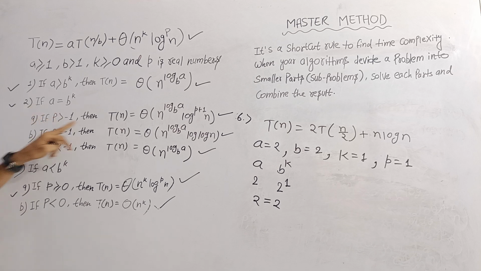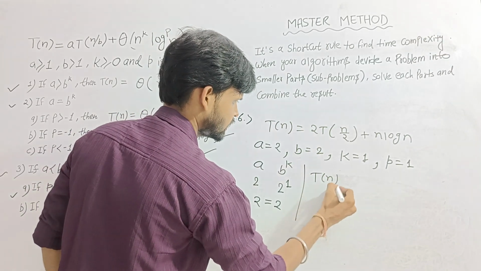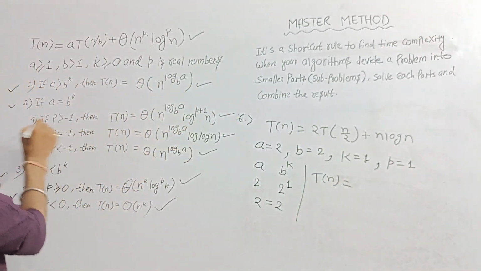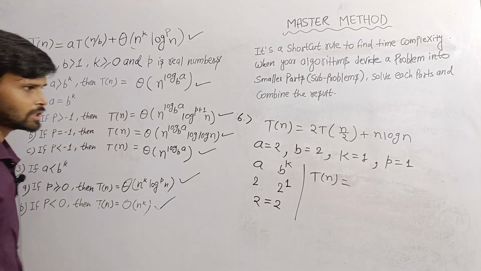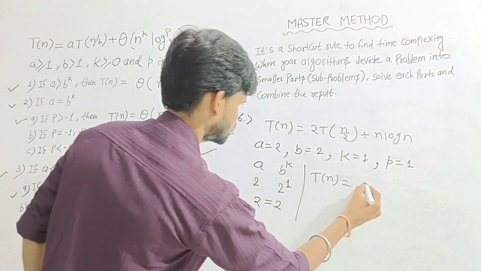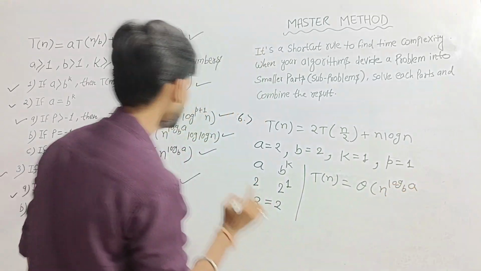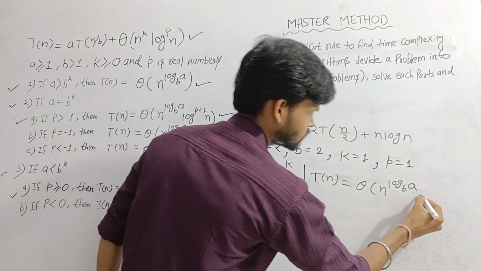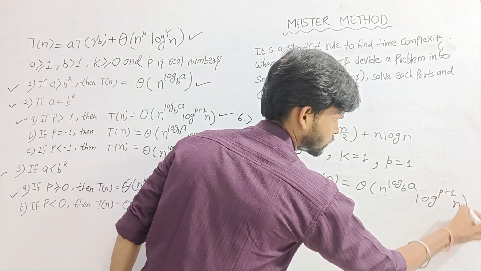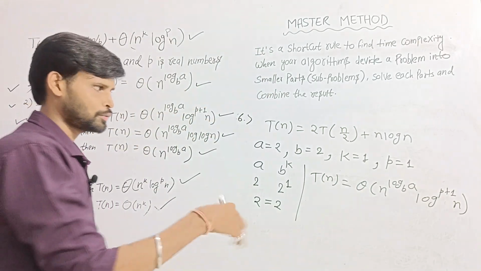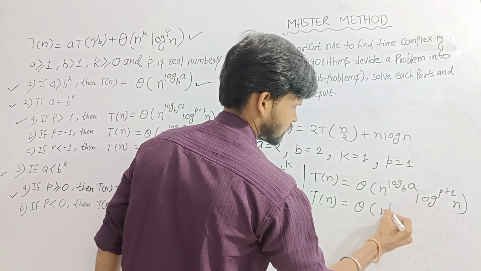Then we will apply T of n equal to theta of n power log base b of a, times log power p plus 1 of n. Just put the values.